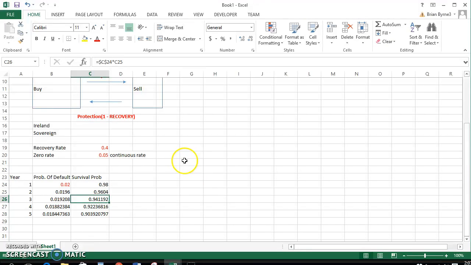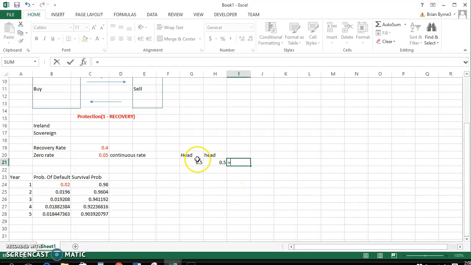Now, the logic here is a bit like if the probability of getting a head as opposed to a tail in a coin toss was 50%, and we had 2 iterations of that event, then the probability of getting 2 heads would just be the product of the 2.